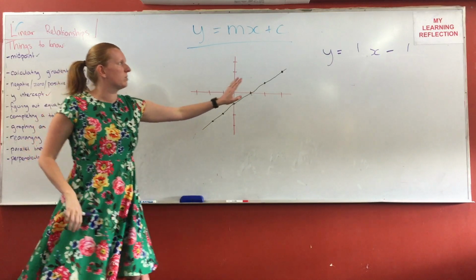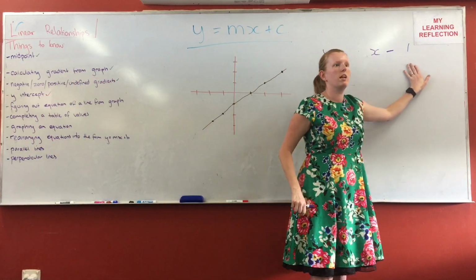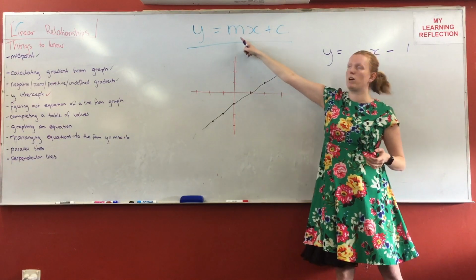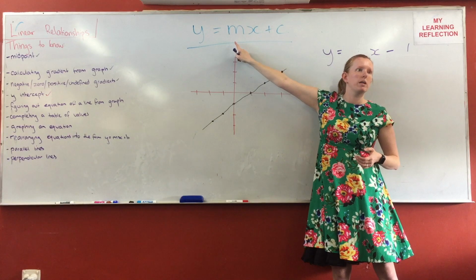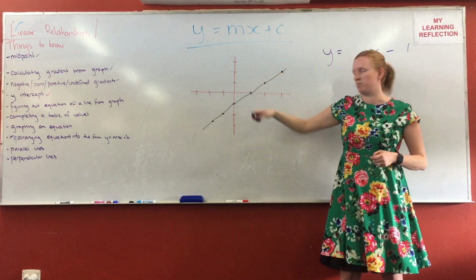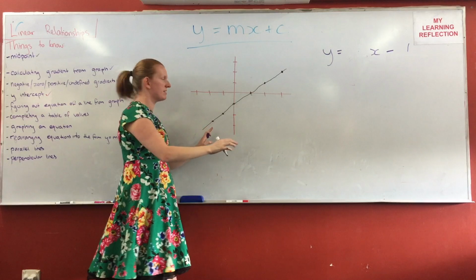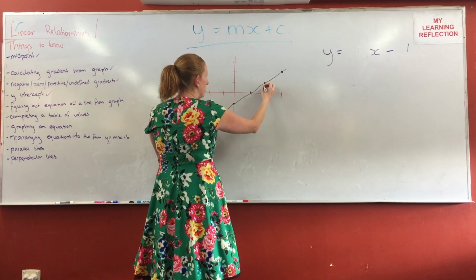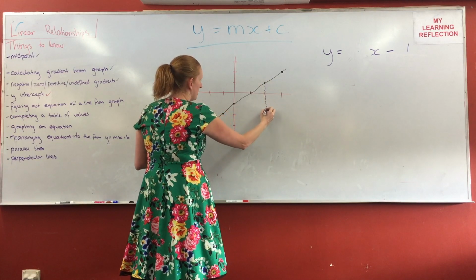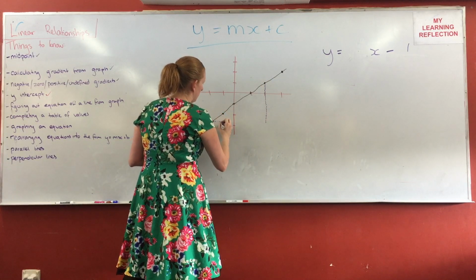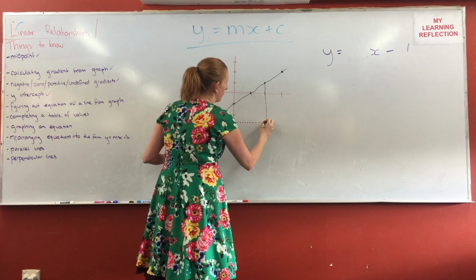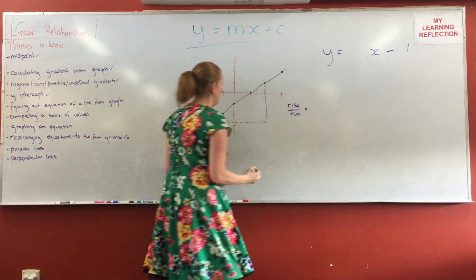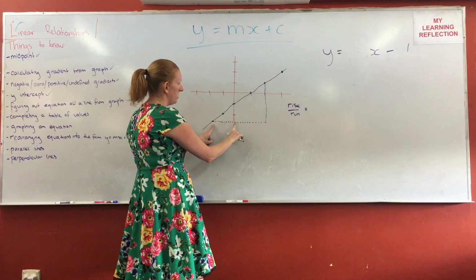Right. So I know that it's got a -1 at the end because it cuts through at -1. But I now need to find what my gradient is, what the m is. And the way we calculate gradient is rise over run. So I can pick any 2 points. Let's pick this one, and let's pick this one over here. I'm going to do a line down until it's in line with that point, and a line across until it's in line with that point. Now I can calculate my rise over run. It goes across how many points? 1, 2, 3, 4.